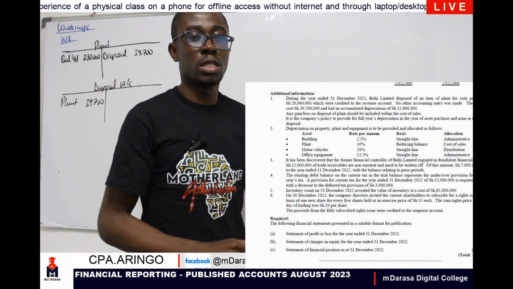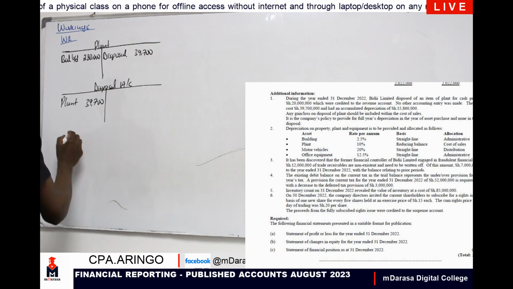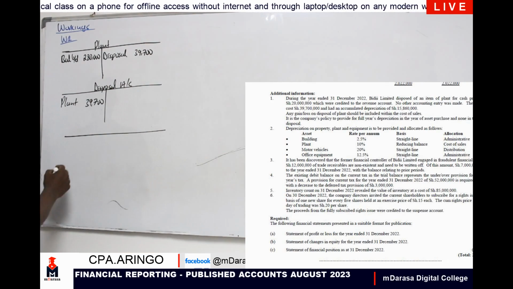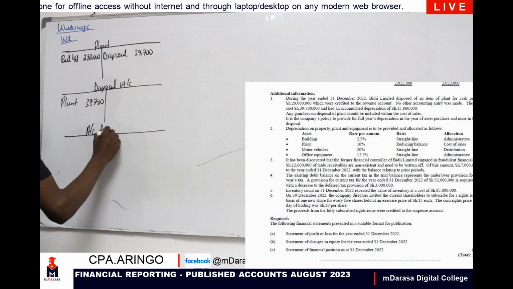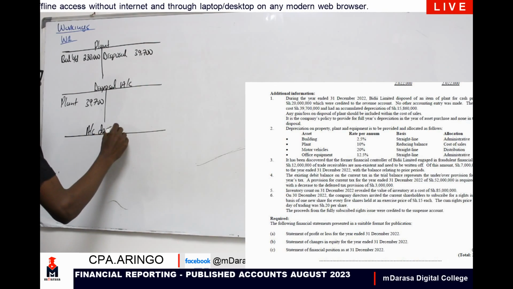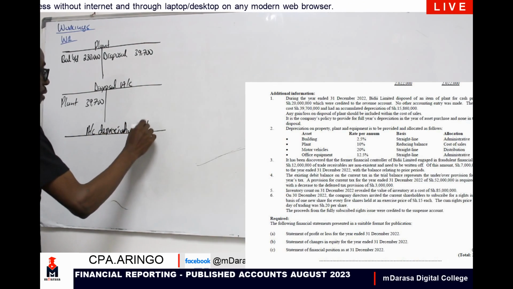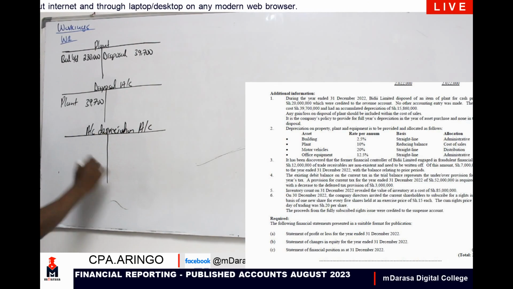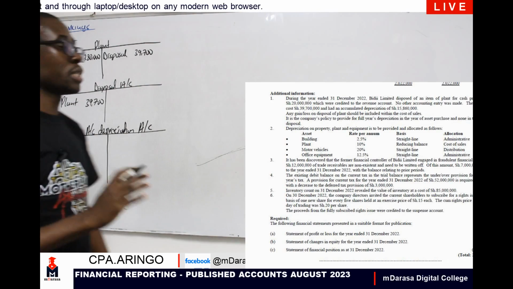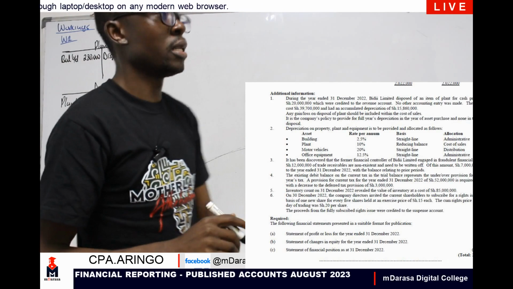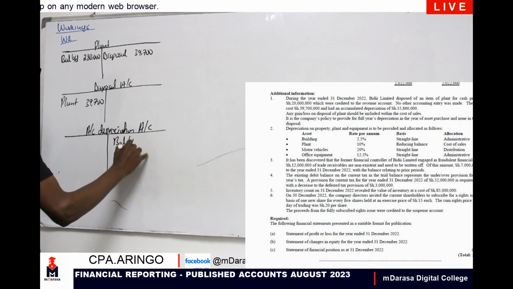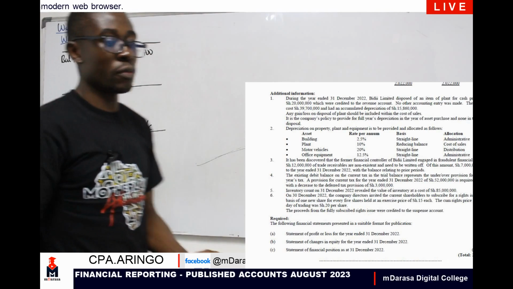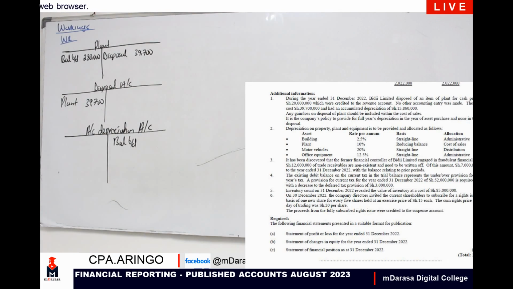So what will be the next procedure? The next procedure will be to consider our accumulated depreciation account. What will our accumulated depreciation account entail? Accumulated depreciation account number 1 will entail the balance brought down. What was our balance brought down for this depreciation?